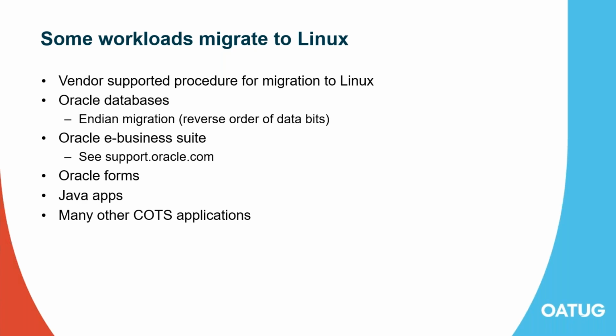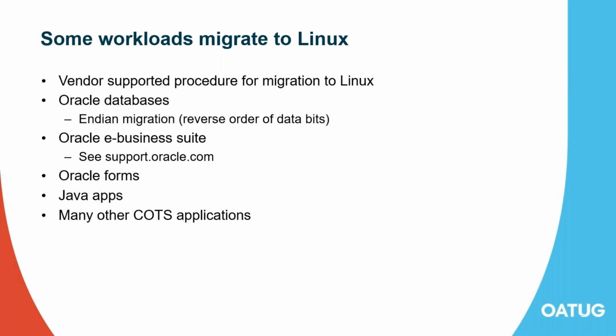And so a couple of examples of those would be Oracle databases, where you can do standard endian migration from big endian on some of your legacy architectures to little endian on Linux, for example, or Windows. They're both little endian formats.